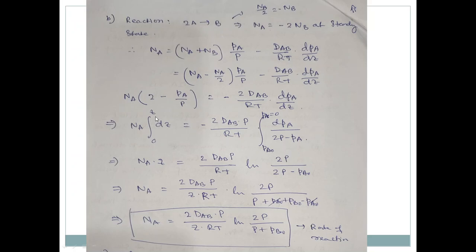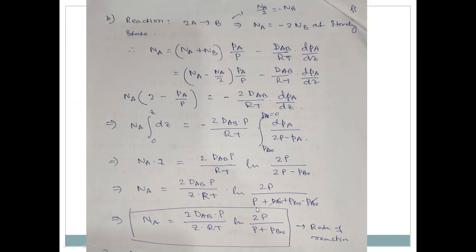Now integrating from 0 to Z, okay, 0 to Z, PA will go from PA0 to 0, so that is delta NA equals 2P into 2P minus PA0, and this dz, then Z will be NP.